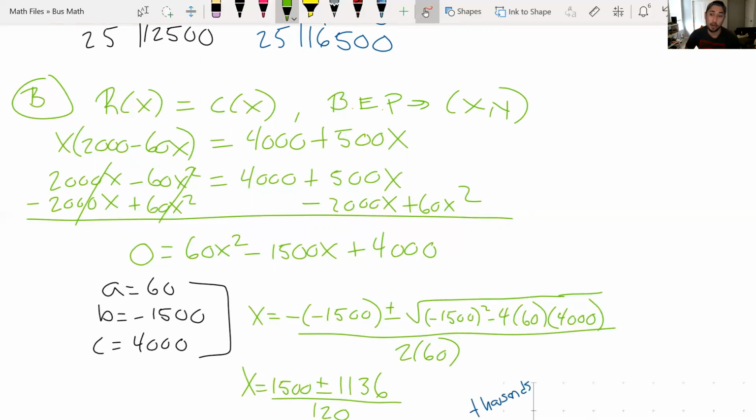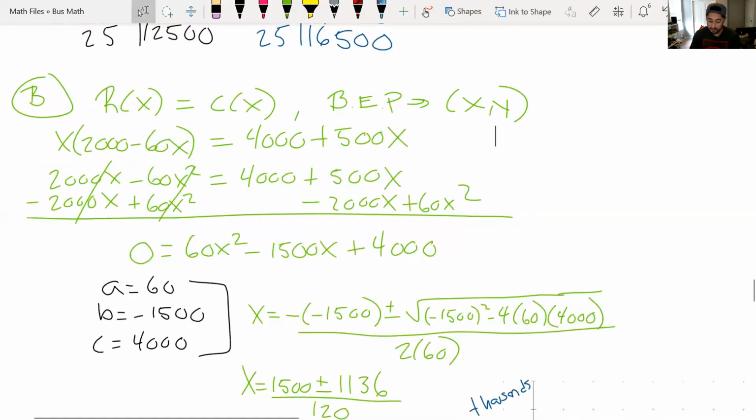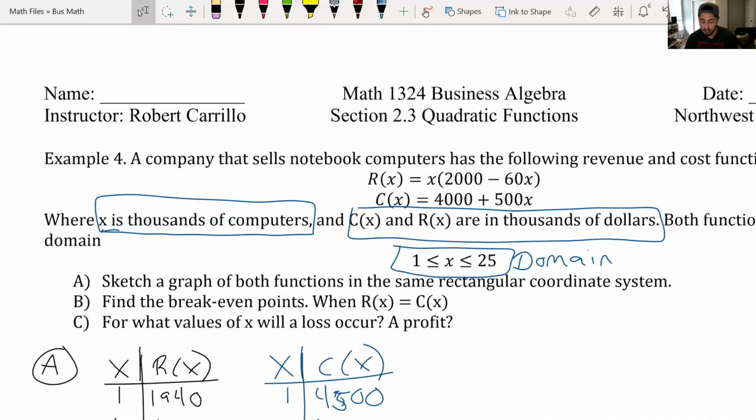Well, we're almost there. I got good news for you. Since we have the x values, take these x values and plug them in to either the revenue function or the cost function.